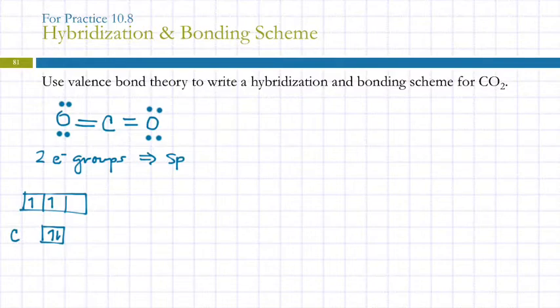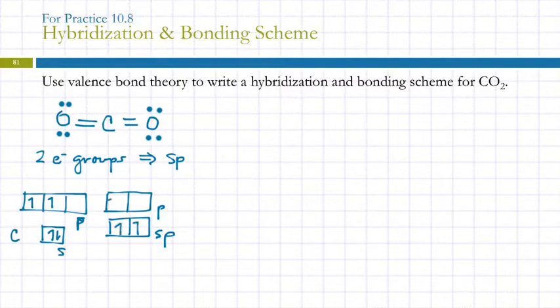And I'm going to take the s and one of the p orbitals and hybridize that. And then I've got the 2 p orbitals left. So this is sp and this is p. And then the electrons can spread out and each have their own orbital. So this is hybridized.